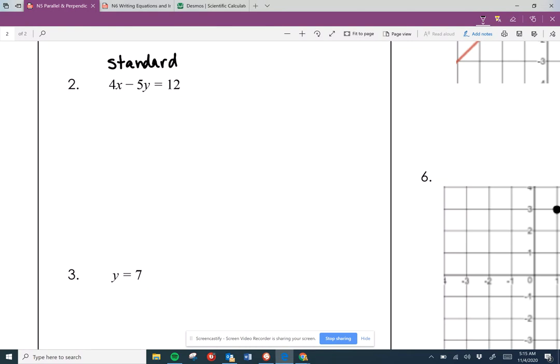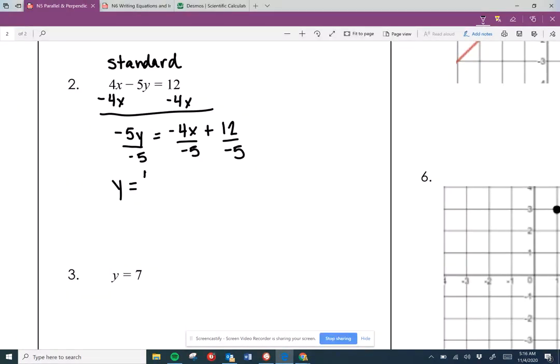And then I'm going to divide everything by -5. Y equals a negative divided by a negative is a positive. 12 is not divisible by 5, so I'm going to leave that as a fraction. Well, it needs to be minus, sorry, minus 12/5.